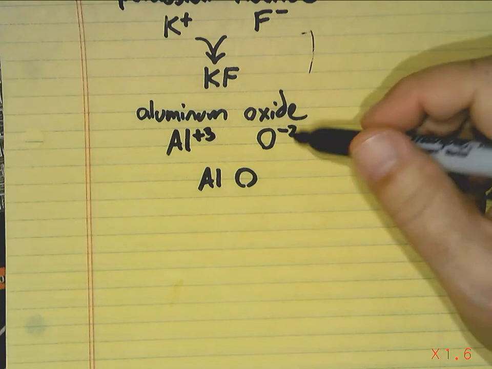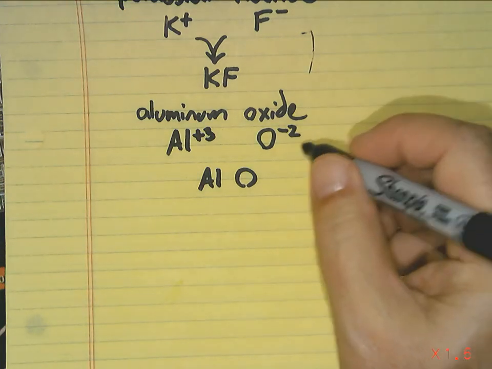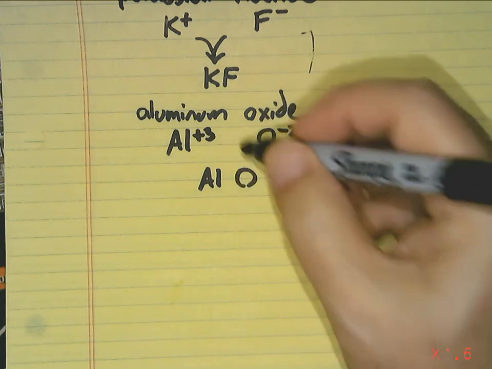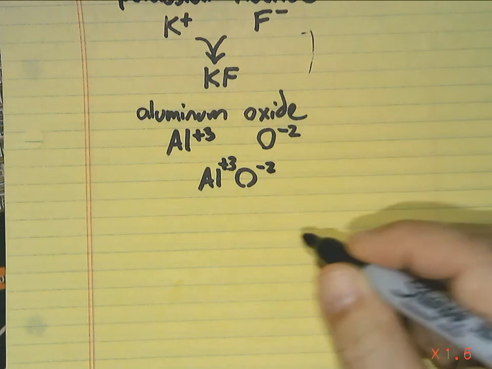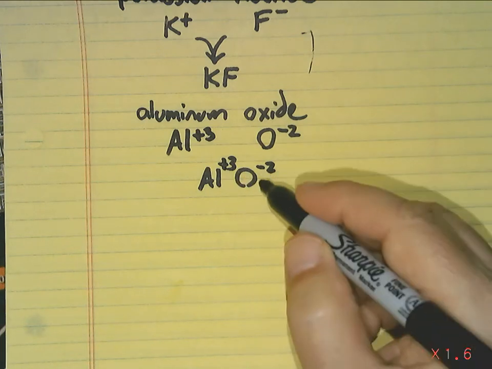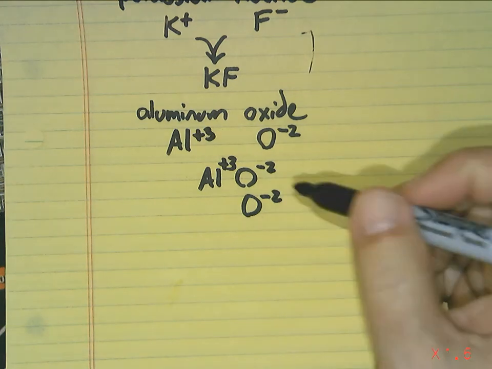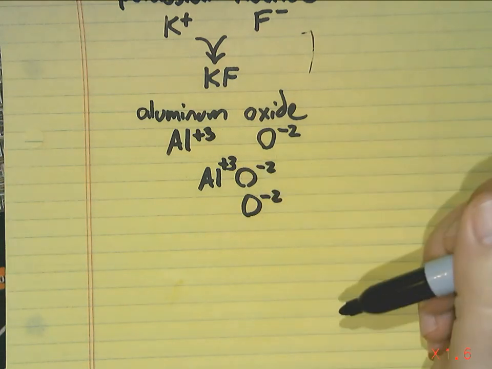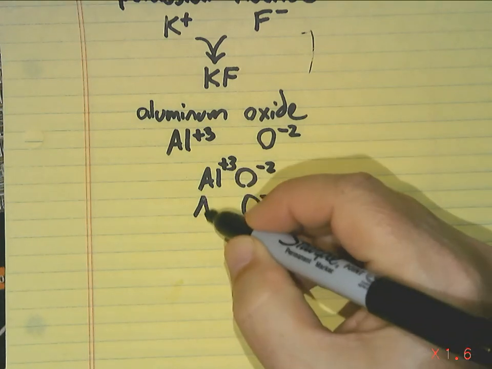Now, what I can do to make this work out is try adding additional oxygens on. There's too many positive charges, so if I try to add another oxide on, then it's -4 and +3. That still doesn't balance. So how about I add another aluminum?